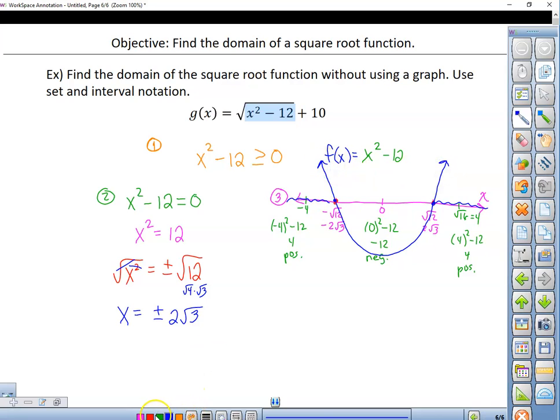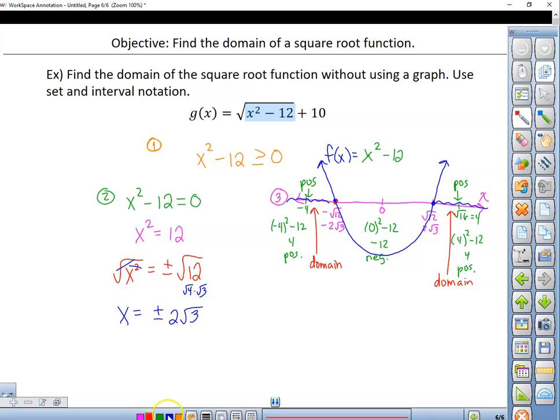And the sections of the x-axis that create those positive y values are the domain of the expression. So they're the domain of this square root function, because this is where this quadratic is going to be greater than or equal to 0. So from this, that section is part of our domain, and this section of values is part of our domain.